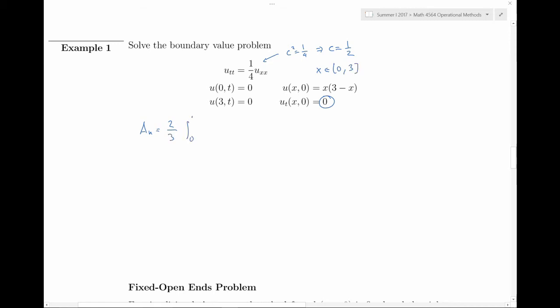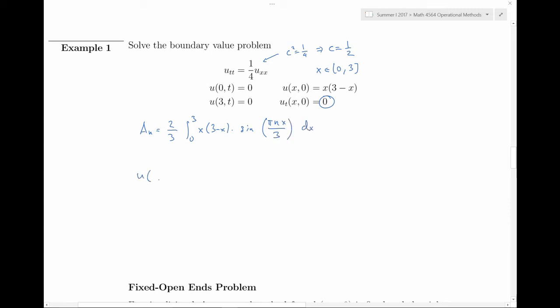The integral from 0 to 3 of x times (3 minus x) times sine of pi n x over 3 dx.